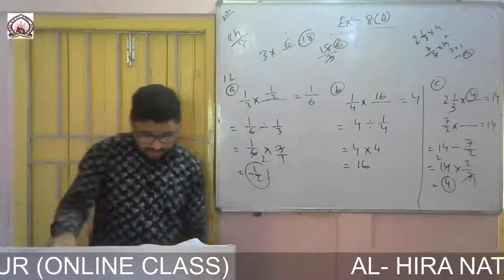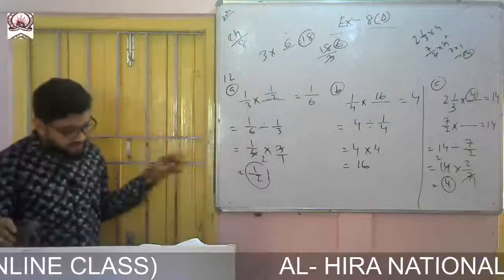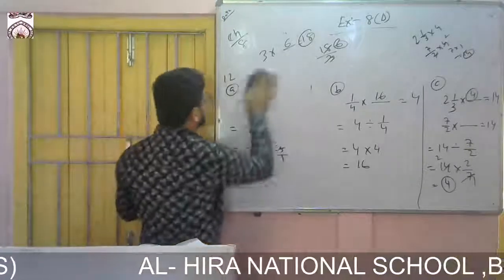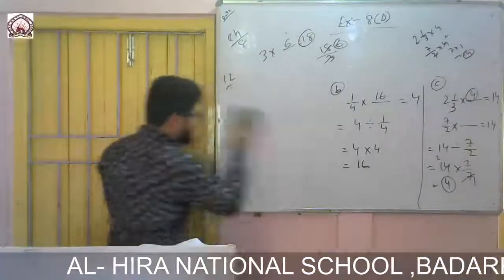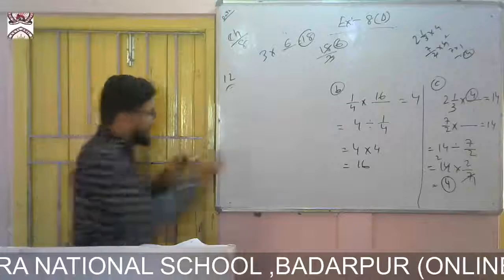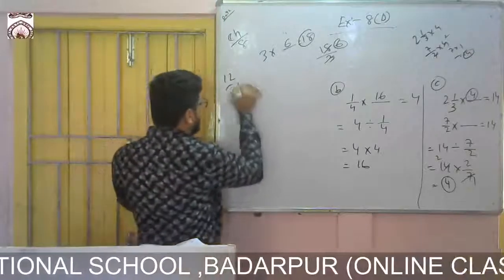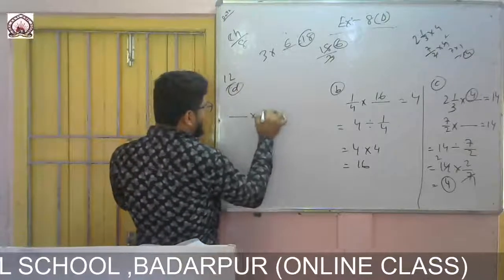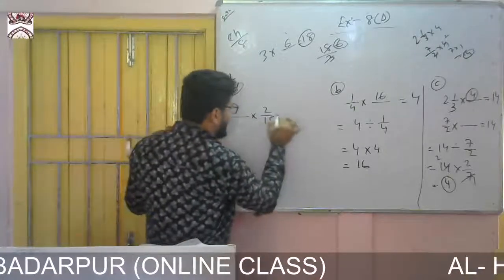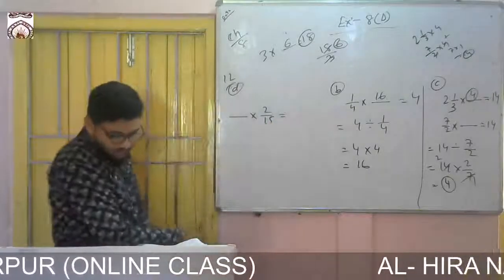Now come to question number D. Question number D is: dash into 2 by 15 equals 1 1 by 2.